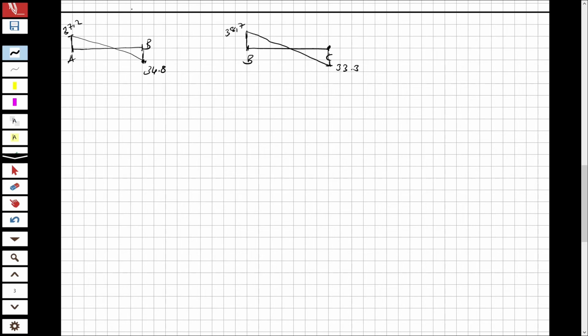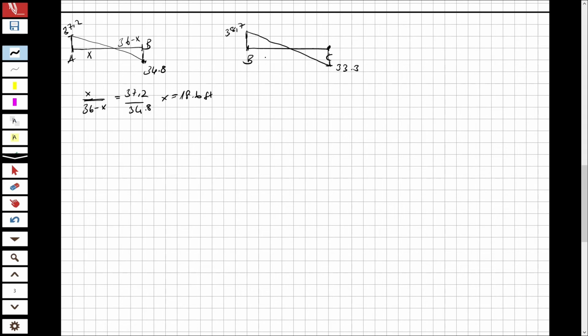For drawing the moment diagrams, I need to know this length. I'm going to write here x, and this is going to be 36 minus x. So when I write an equation like this, x over 36 minus x equal to 37.2 over 34.8, x will be equal to 18.6.